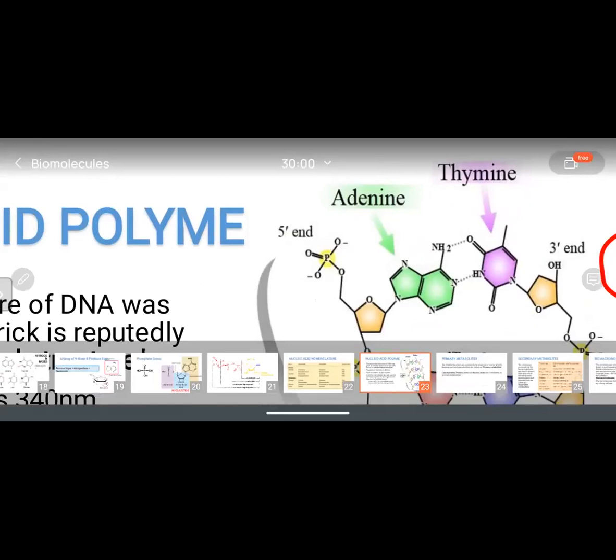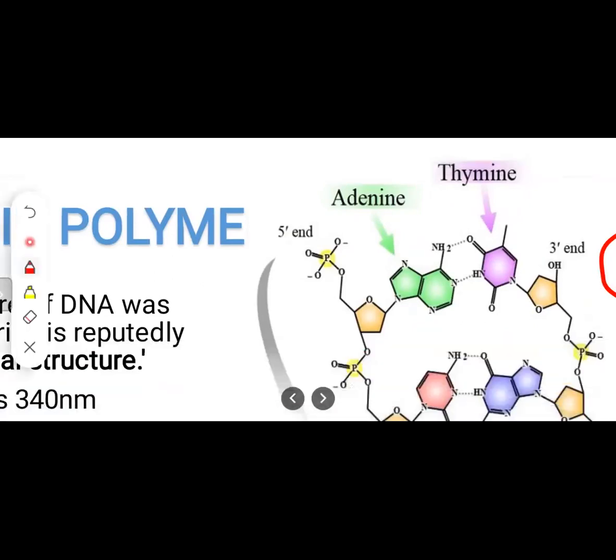So if you see here, I'm repeating what I've taught. This is the C1 carbon. This C1 carbon is attached to the nitrogen base, that is adenine. So this C2, we have already discussed the OH group or hydrogen group at C2, that is different.